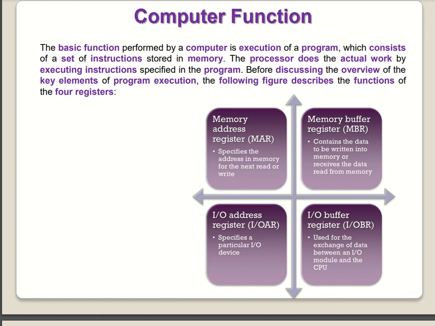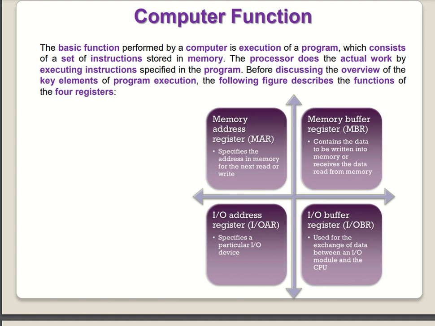The program is stored in the memory, as we saw in the previous slides. So the processor does the actual work by executing the instructions. Where are the instructions? Instructions are in the memory. The instructions are the program. The key elements of the program execution are described as a function of the registers.